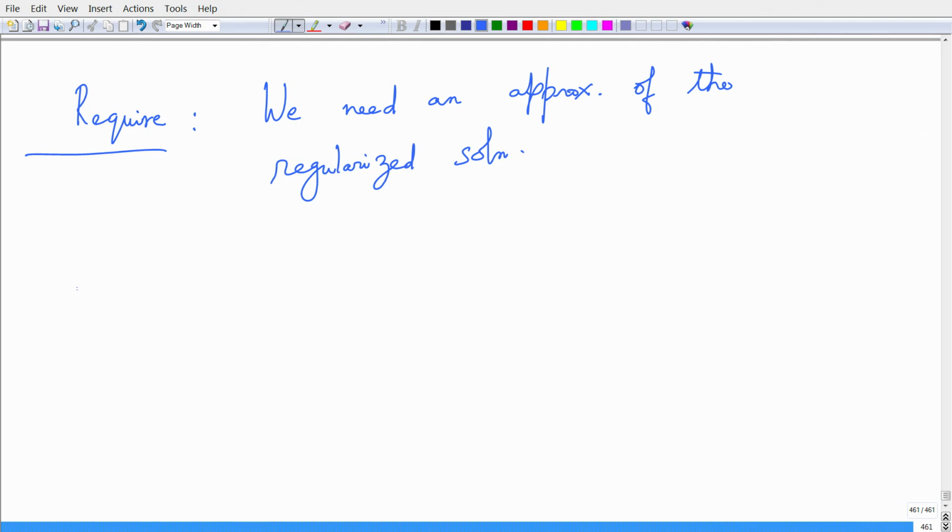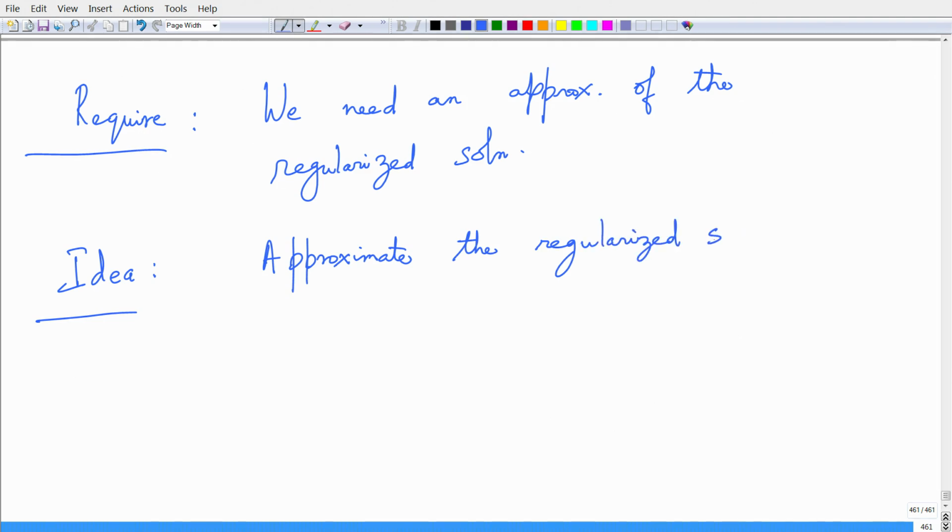So what it means is, this is the idea that we have. We would want to approximate the regularized solution in a lower dimensional space using possibly a suboptimal solution.